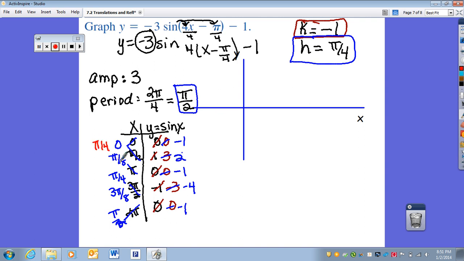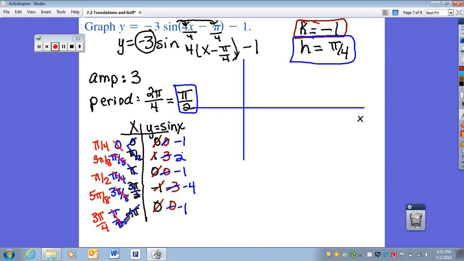When we add pi over 8 to pi over 4, we're going to get 3 pi over 8. Then we're going to get pi over 2. Then we're going to get 5 pi over 8. And then we're going to have 3 pi over 4. Okay?